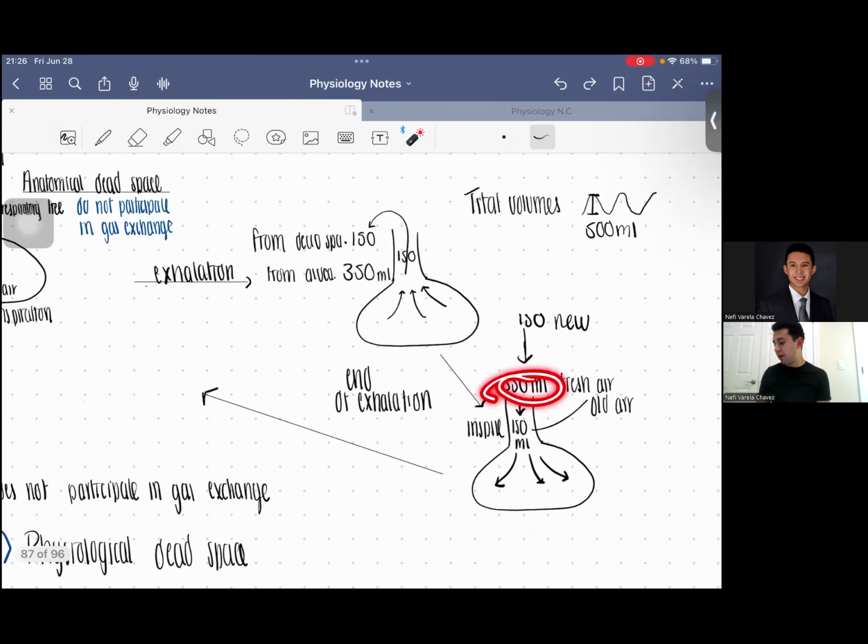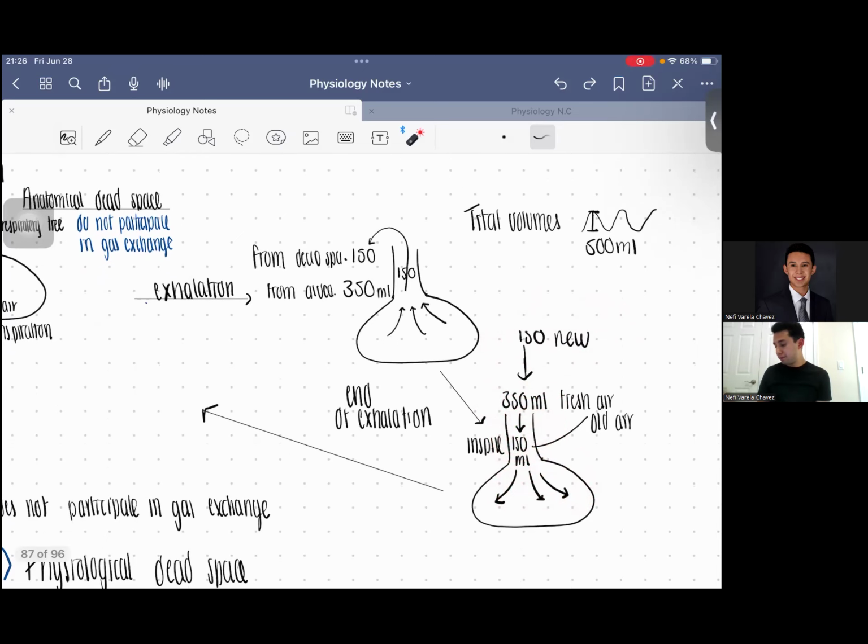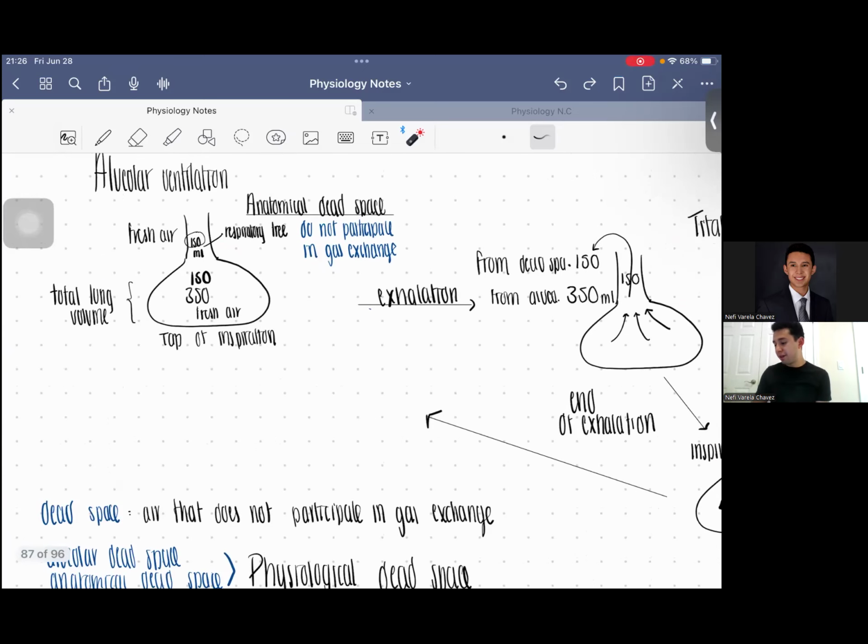This 350 milliliters of fresh air is gonna go to the alveoli, and we're gonna have another 150 milliliters of fresh air that eventually are gonna become that new dead space. Okay, so that's pretty cool.